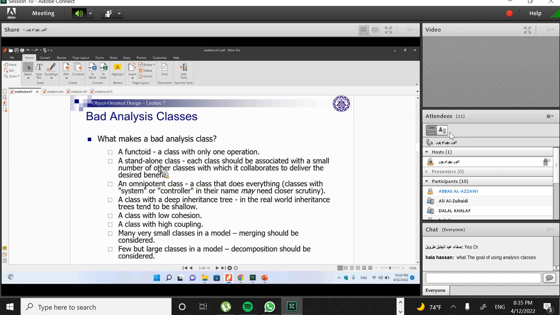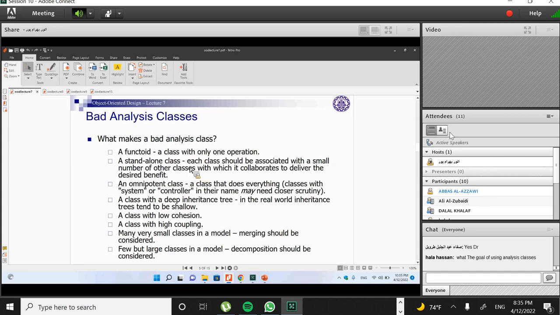Another feature of a bad class is a class which stands alone. A class should be associated with a small number of other classes.